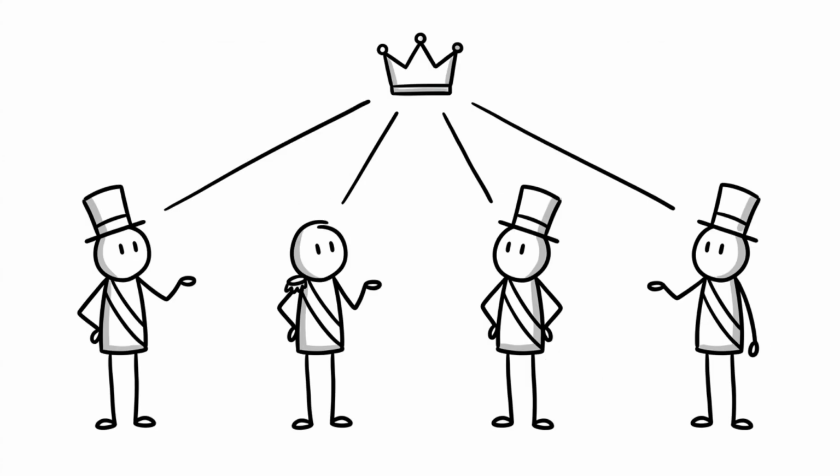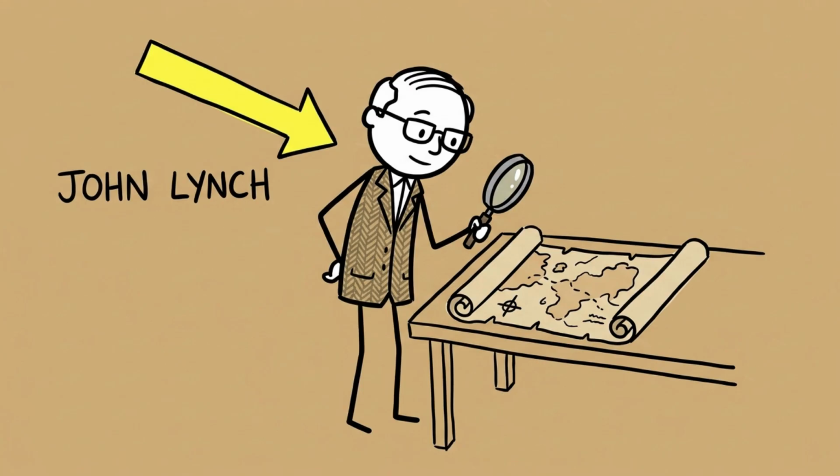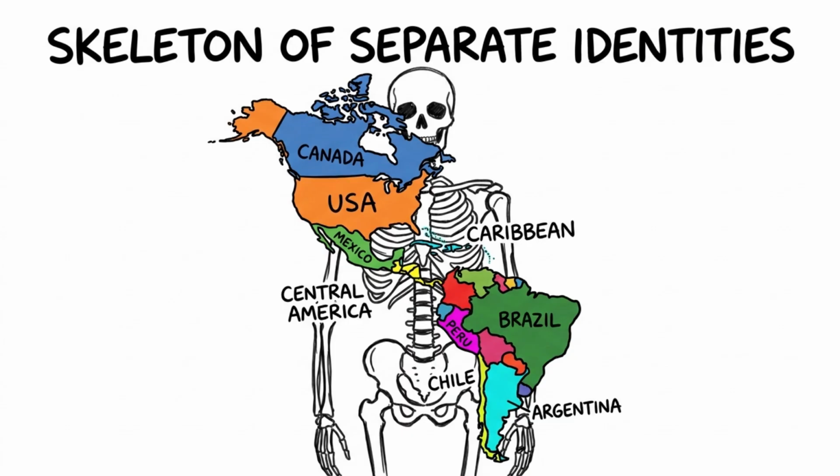Historian John Lynch, one of the leading scholars of Spanish-American independence, has shown that these administrative boundaries were not arbitrary lines drawn for convenience. They became the skeleton for entirely separate political identities. A merchant in Buenos Aires had almost no contact with a merchant in Mexico City.